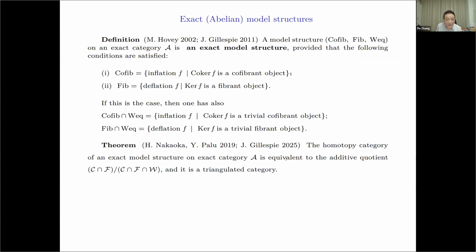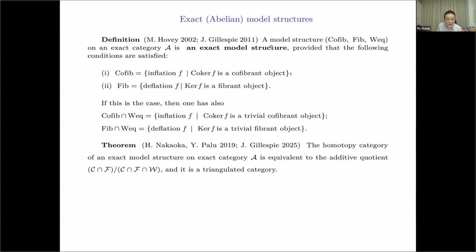Now we talk about a special model structure, which we call the exact model structure. An exact model structure is over an exact category.